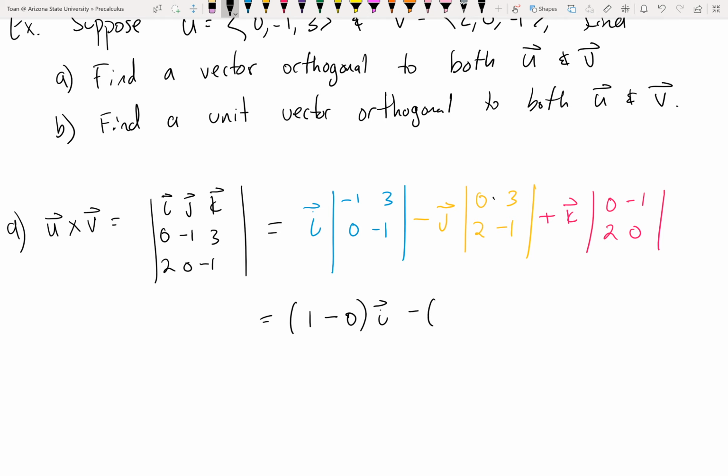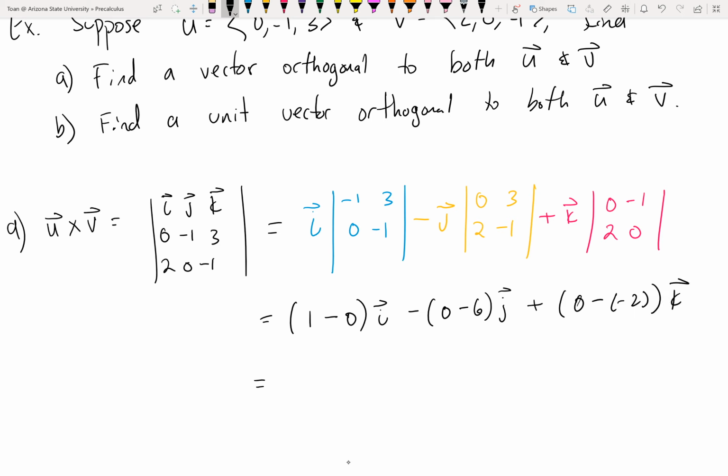Minus, crisscross subtract, so 0 times -1 is 0. Minus 2 times 3 is 6. And that's your j. Plus, crisscross subtract, 0 times 0 is 0. Minus 2 times -1 is -2. And that is your k.